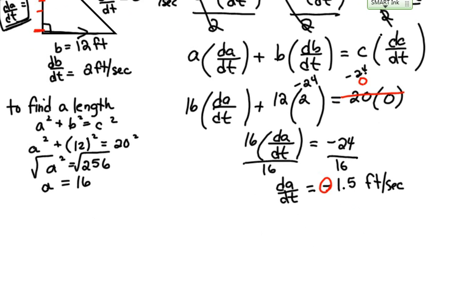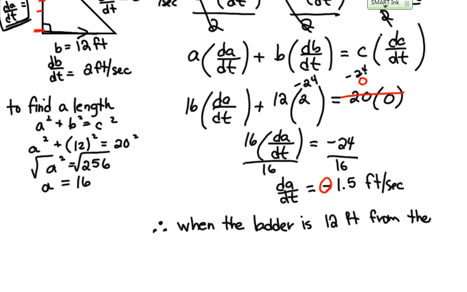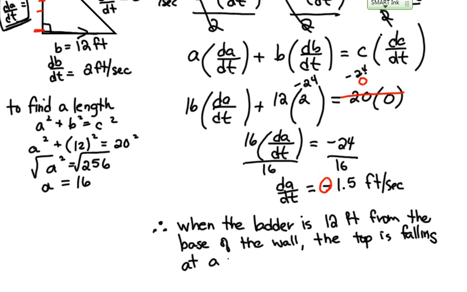Please remember to include your statements. So therefore, when the ladder is 12 feet from the base of the wall, the top is falling at a rate of 1.5 feet per second.